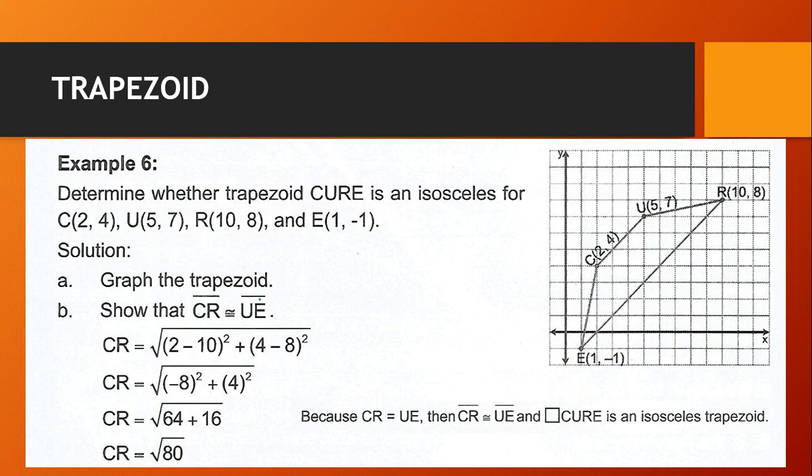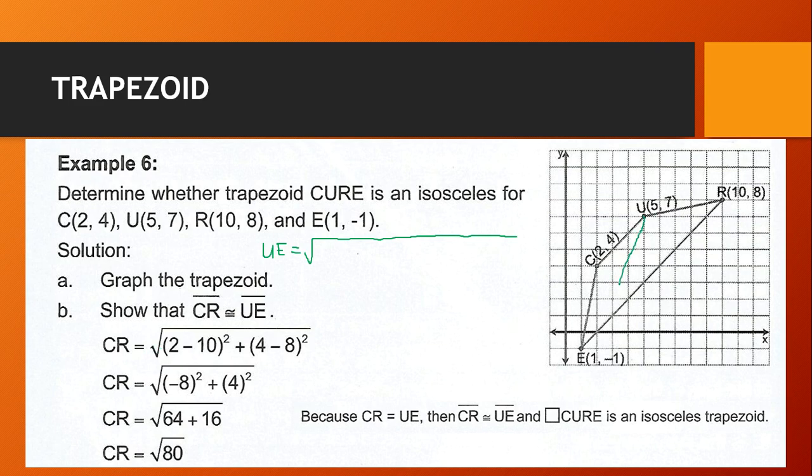How about the UE? Actually this one is already kind of the conclusion, but it lacks the solution to prove that the trapezoid CURE is an isosceles trapezoid. So we are done with CR, so let's continue. Let's have UE equals, again using the distance formula like we did on CR.